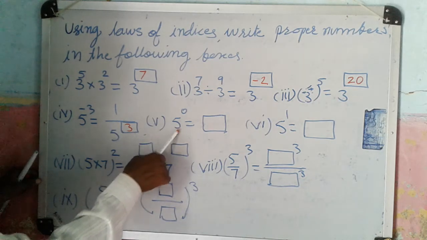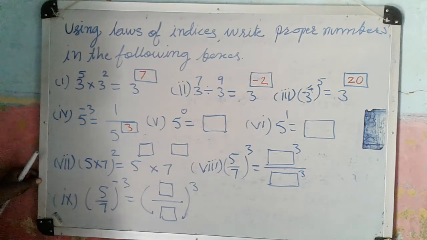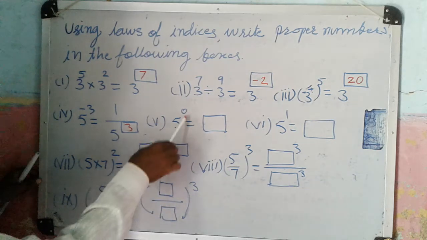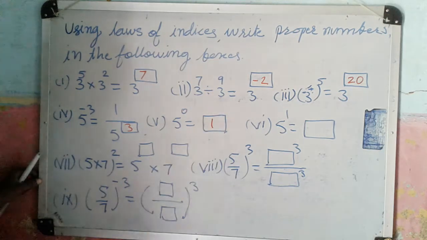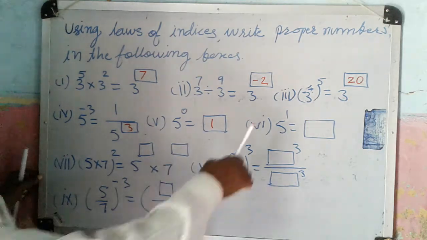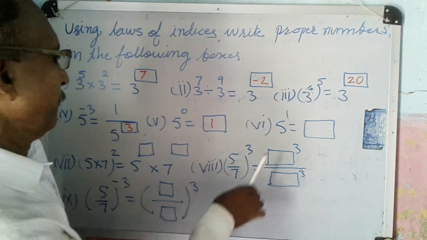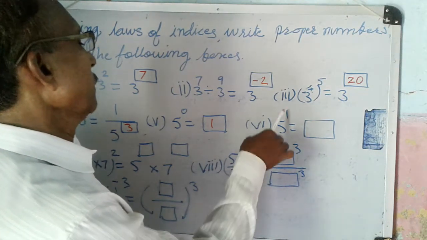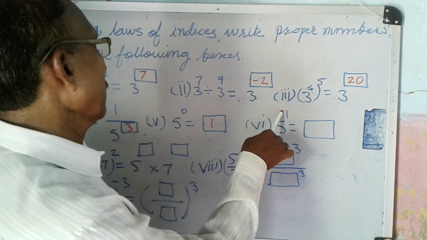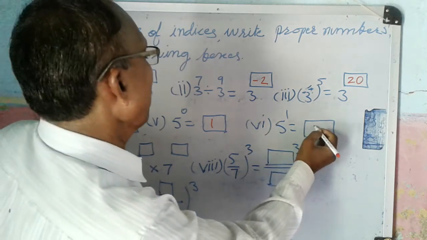Now first is 5 raised to 0. If the index of any number is 0, then that value is always 1. Now 5 raised to 1. Now the index is 1. So here the value is always equal to the base.